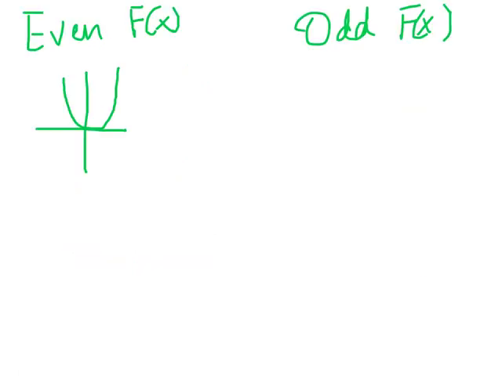An even function, here's how they tell you the rule for it: f of x is equal to f of negative x. That's how you know if you have an even function. What does that mean? If I have 2 here, the y value is right there.